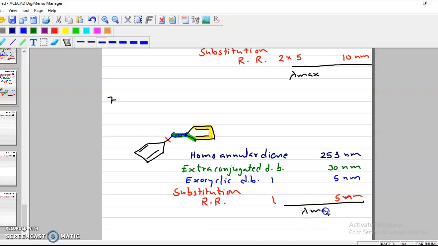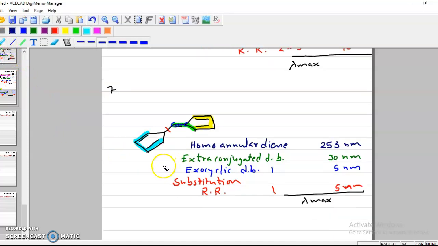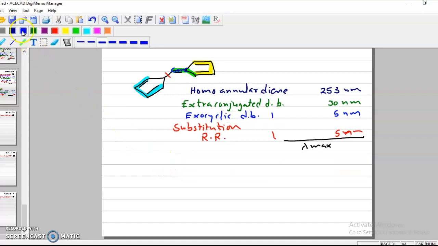But remember there is one more system in this case, and it is only this one. This is called a homoannular diene system. So there is another system over here, and for that we will take homoannular diene system, because both double bonds are in the system: 253 nanometer.